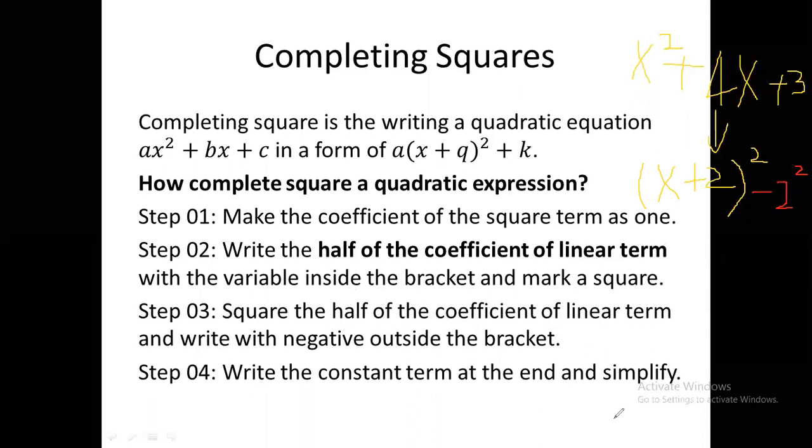That is our third step. Then what is the fourth step? Write the constant term. What is the constant term over here? 3. Write the constant term at the end and simplify. I'll use a different color so you'll understand. Then I write the constant term over here, just like this.